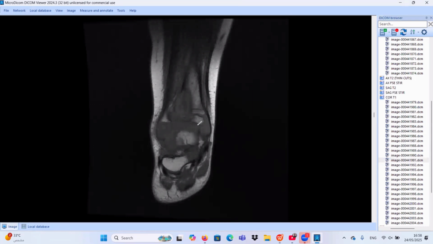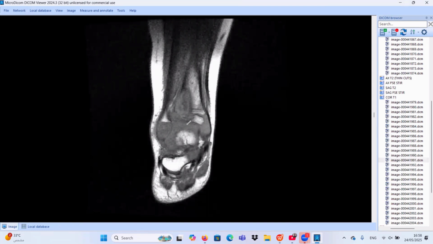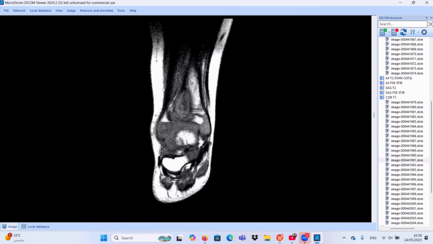We can show you the coronal T1 again because some candidates want to see the penumbra sign. This is a coronal T1-weighted image, and as you can see here, this area is dark signal and this area is relatively bright signal.